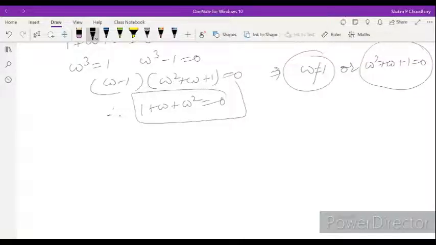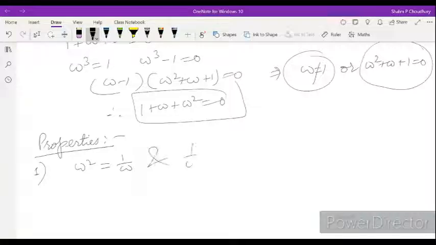Okay, the first property says that omega square will be equal to 1 upon omega, and 1 upon omega square will be equal to omega. Okay, now why?